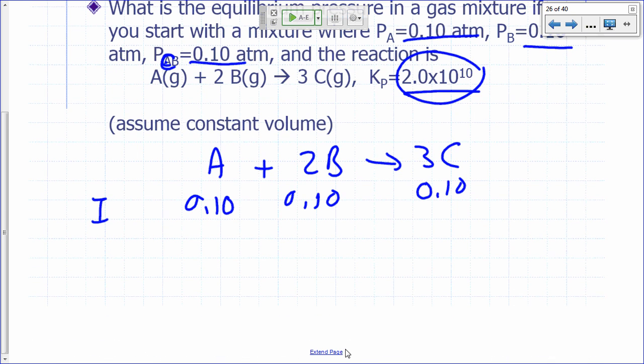So, since we know at equilibrium it's going to be mostly products, what would be the changes? You're going to lose all of your A, right? Or are you? If you lose X moles of A, let's just do it.